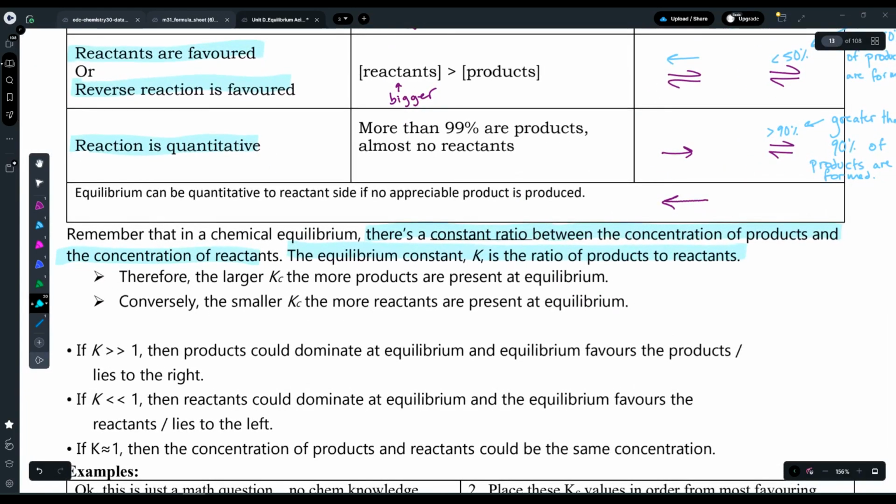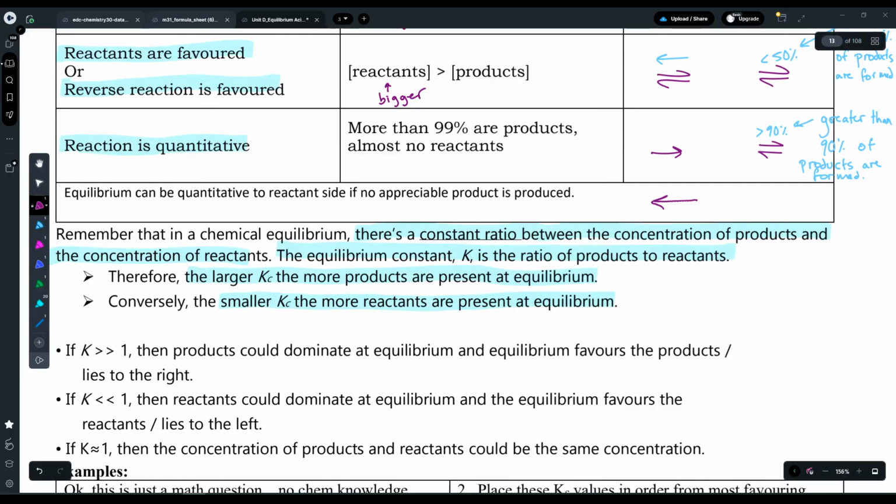A larger equilibrium constant means that you have more products present at equilibrium, and a smaller equilibrium constant means that you have a higher concentration of reactants at equilibrium.